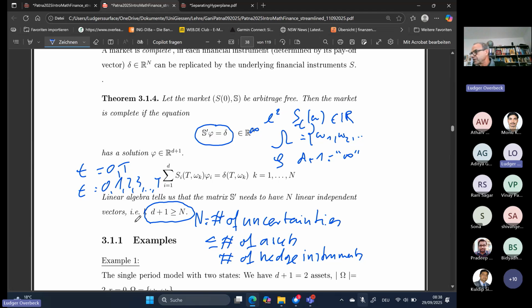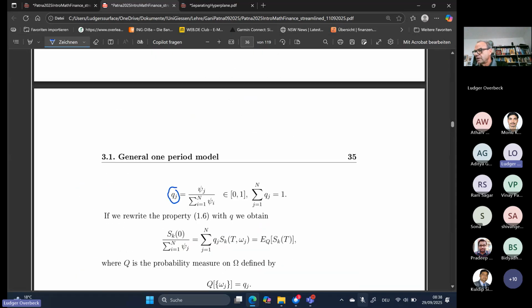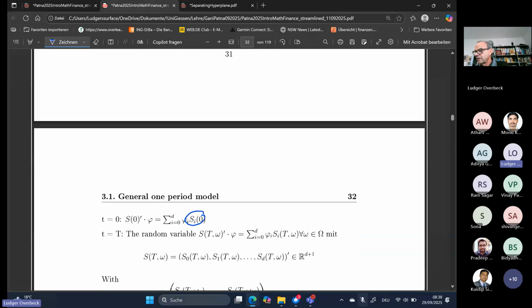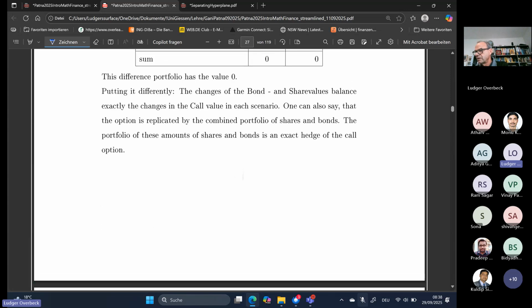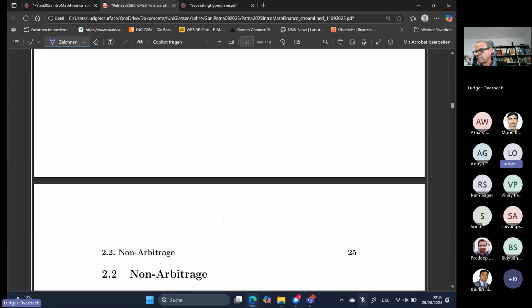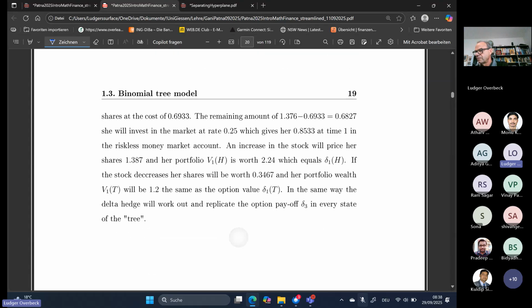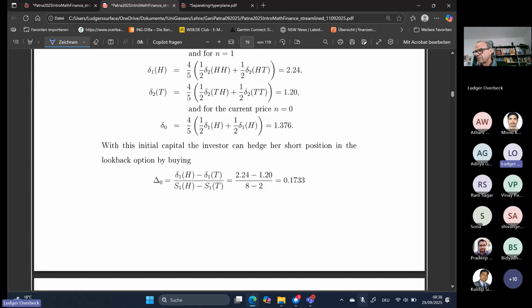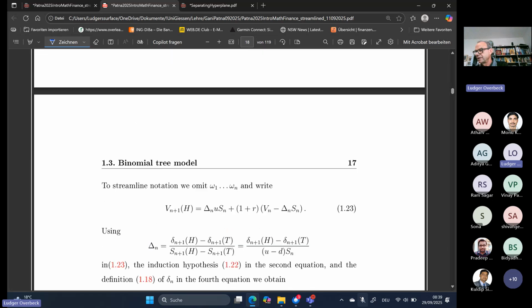And now in the picture here, that's my binomial tree.